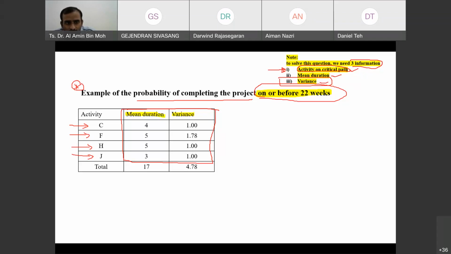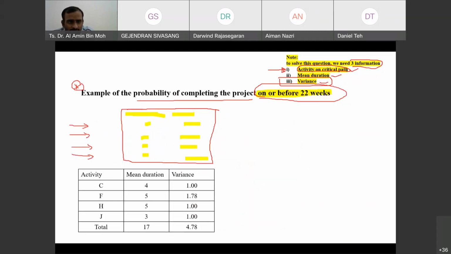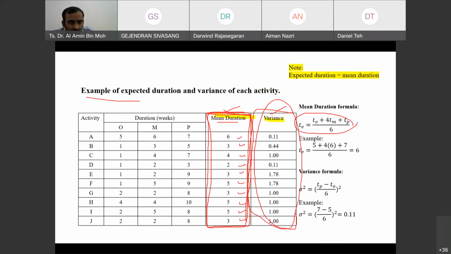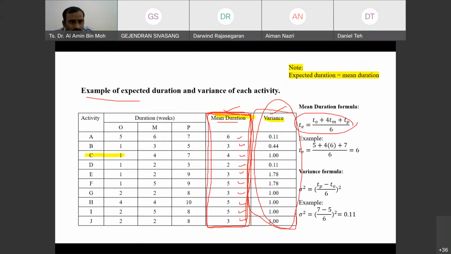So you got the average, right? We calculated it before. How about variance? We also calculated it before, right? In the table here, we just extract C, F, H, J. We have extracted this information, only the mean duration and the variance.